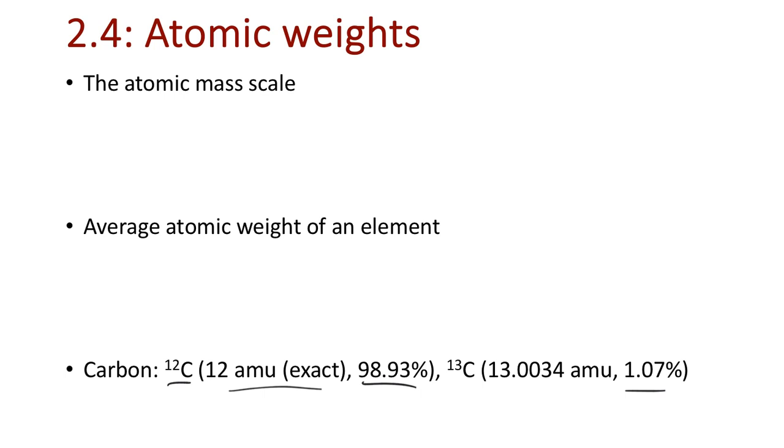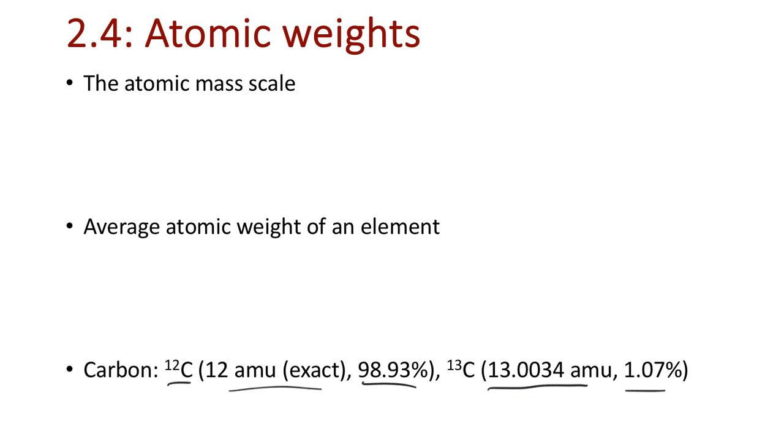So a very, very tiny trace of carbon 14. But about 1.07% is carbon 13, which has this particular mass in AMU. So about 1 neutron more, or precisely 1 neutron more, but the mass is about 1 neutron more than that of carbon 12.